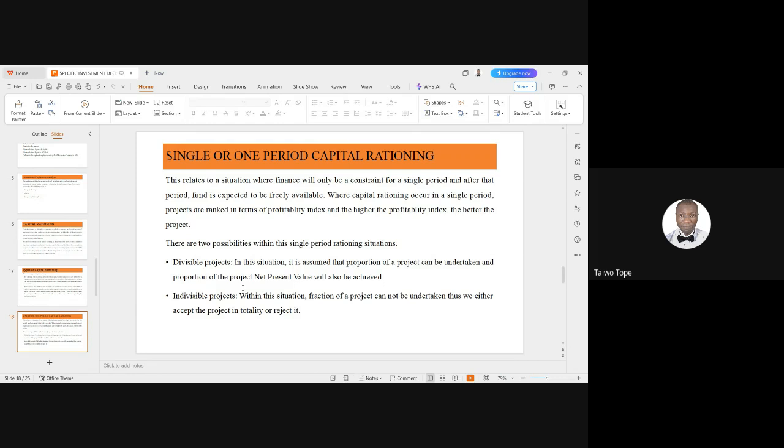So this works like the knapsack problem with fractional items. So the point is we select projects in descending order based on the best profitability index, and we allocate funds until the funds available are exhausted.